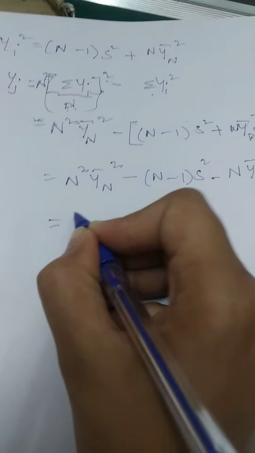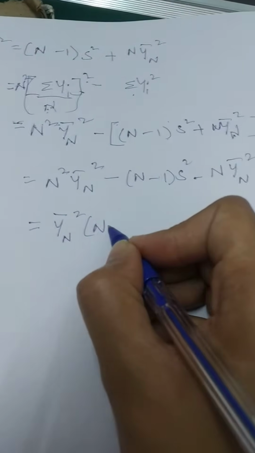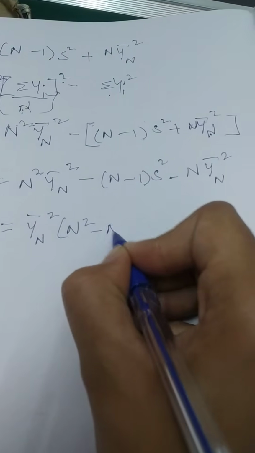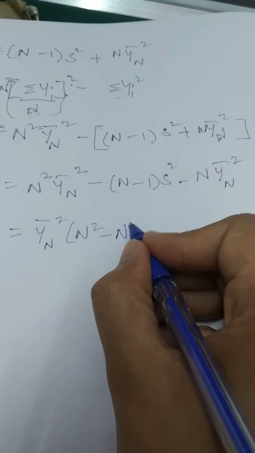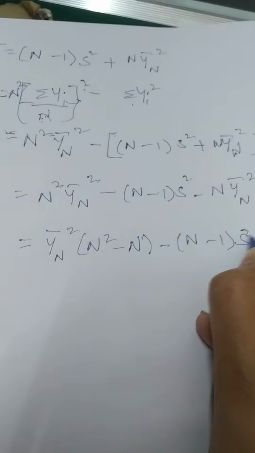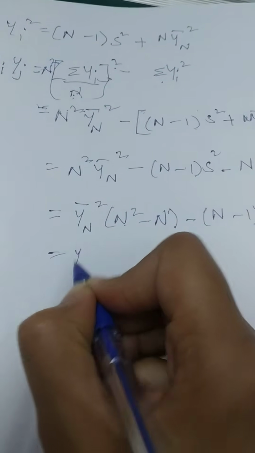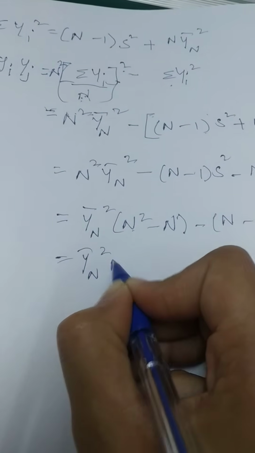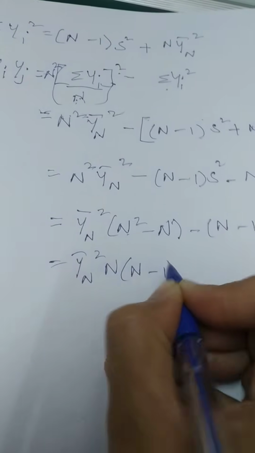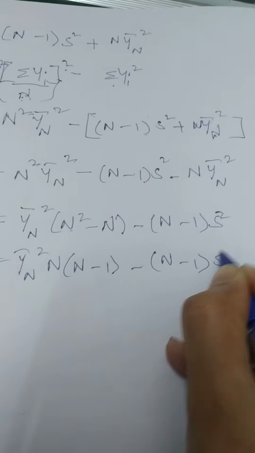Then after this, I can write it in the form y bar of n square into (n square minus n). I am writing this, making this n common, then minus (n minus 1) into s square. Then after this I can write n into (n minus 1), no, n square. I can take it common, y bar of n square of n into (n minus 1) minus the same, I am writing (n minus 1) of s square.